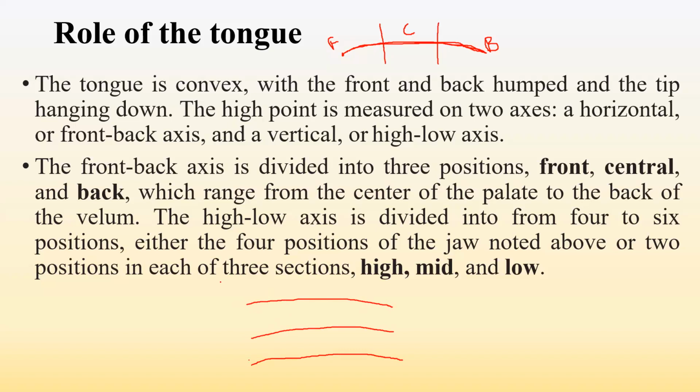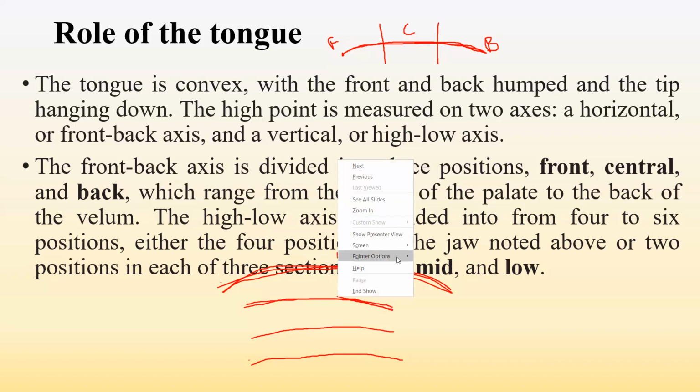Okay, so above the tongue, this is the hard palate. Take this as the hard palate. I'll write HP, hard palate. So sometimes when we produce some vowels, our tongue is very close to the hard palate.